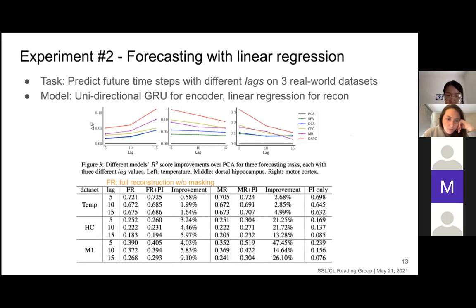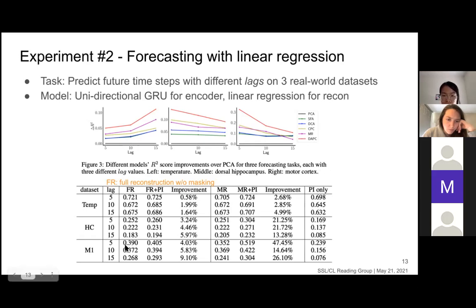And this table shows how much improvement they gain by incorporating the PI term or incorporating the reconstruction term.